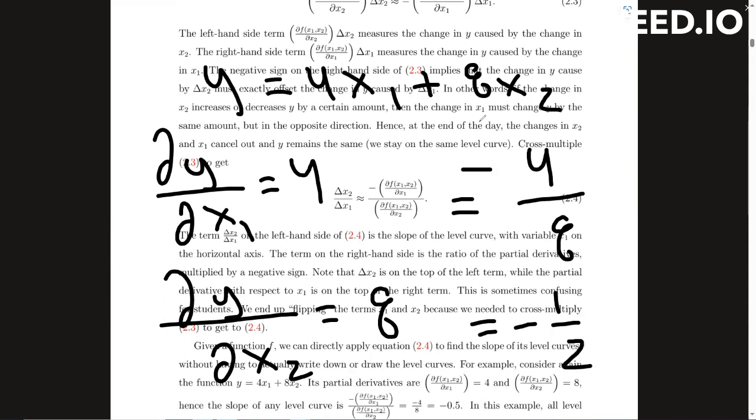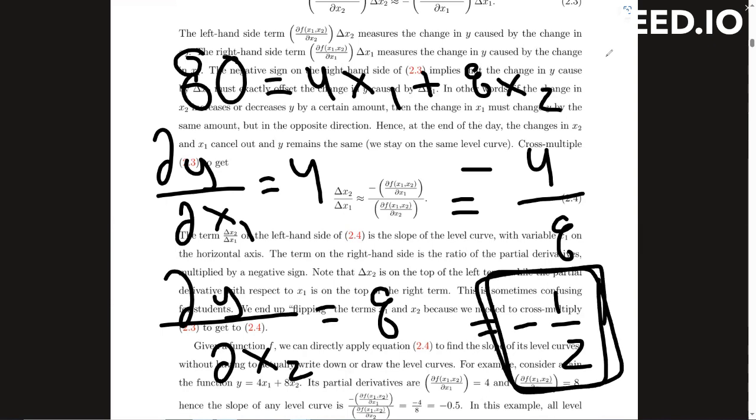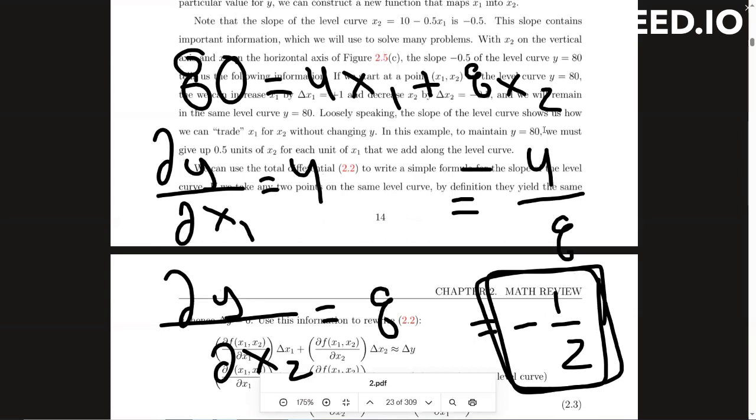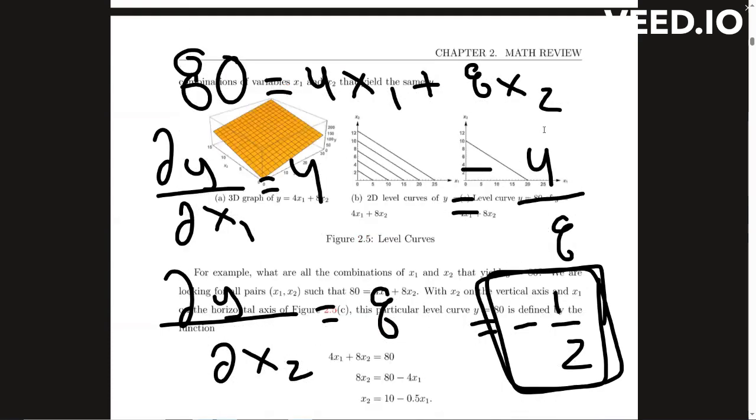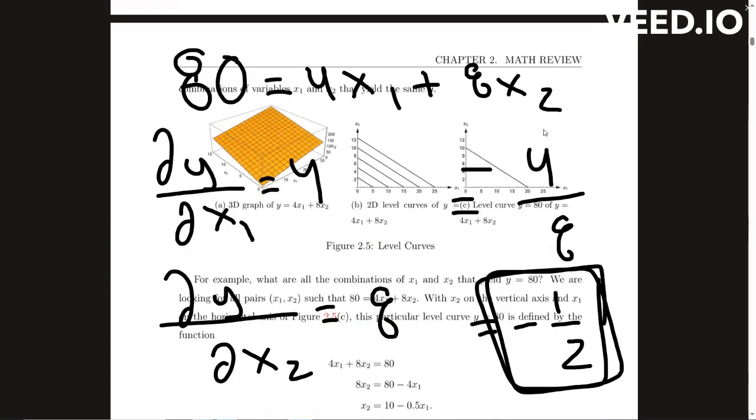Now it tells you something there, because it wasn't a mistake at all, but before I chose a contour line, which we don't really want to do. It's going to be the slope for all contour lines, and we already know that if we scroll up, all the contour lines don't have to be at height equals 80, it can be at height equals anything. For this very easy example, all contour lines have the exact same slope. They're parallel, they all have negative 1/2.